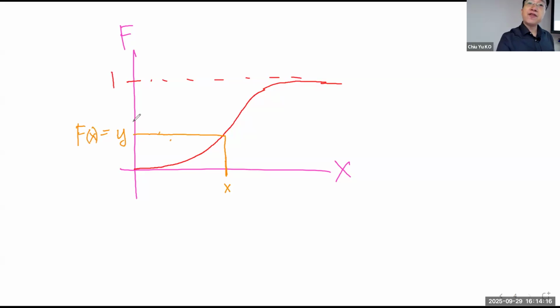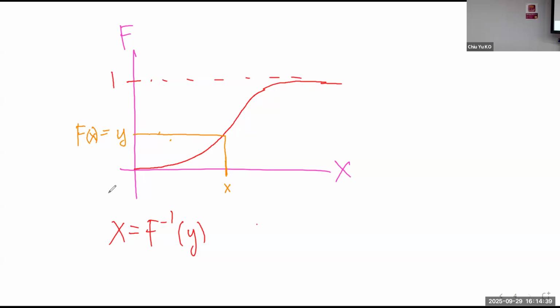But if you learn math, because it's one-to-one and increasing, there is something called the inverse of f. You give me the y, I give you x. For every x, I give you a y; the inverse is I give you y, I give you x. I give you some value on the vertical axis, I give you the value of x.